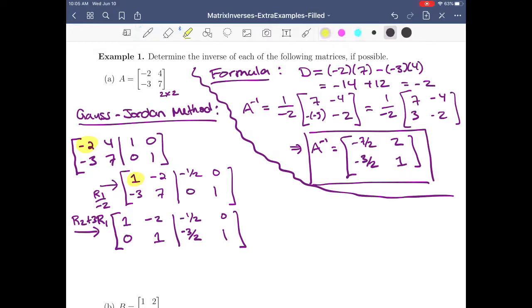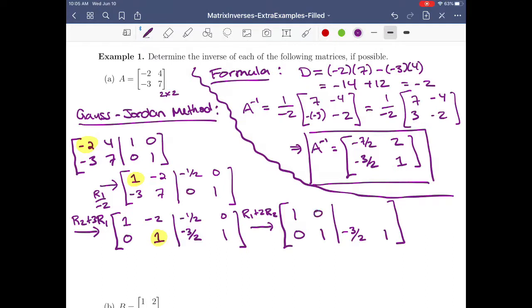So now I move down, I'm now pivoting here. It's already a 1, so that's nice. So I just need to do row 1 plus 2 of row 2. So this is still going to be a 1. This one's now going to be a 0.